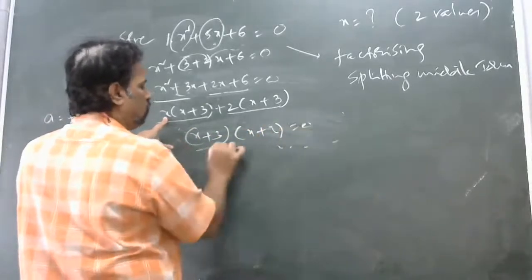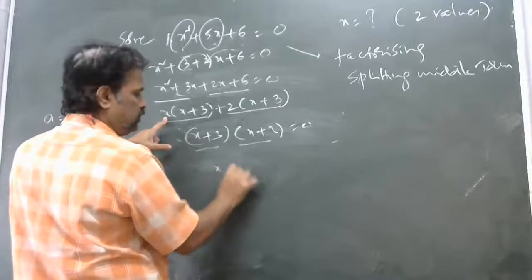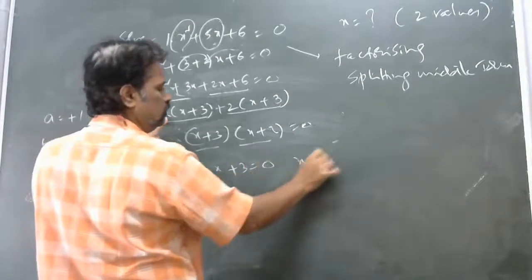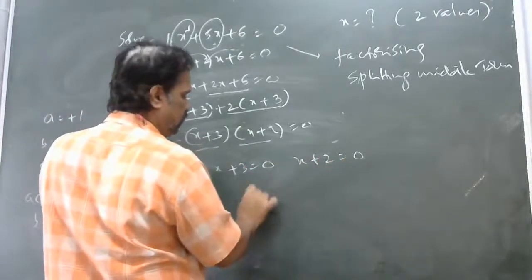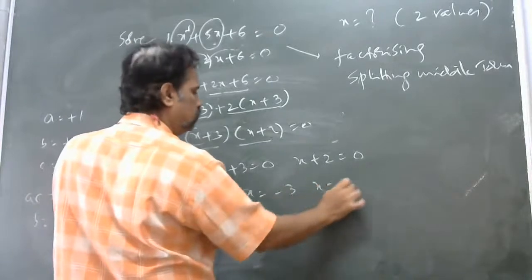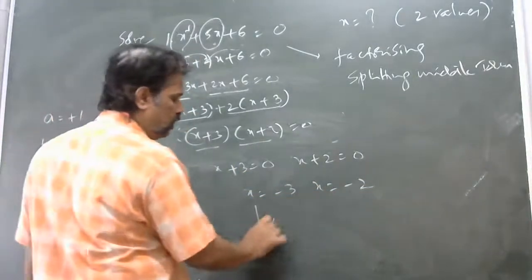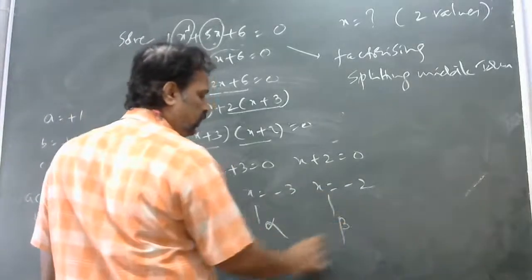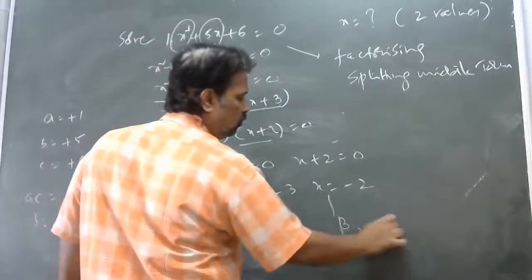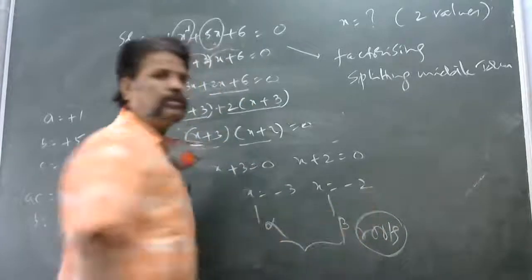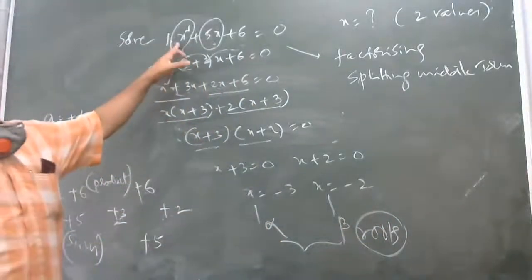Now the product of two things is 0, then each is 0. So x is equal to minus 3, and x is equal to minus 2. So this is solved. These are called alpha, one root, and beta, the other root. These are called the roots of the equation. What are the roots? Roots satisfy the equation.